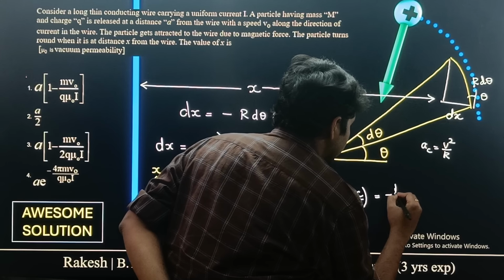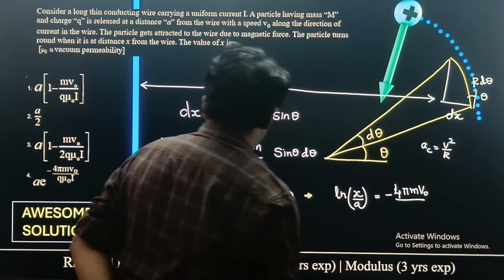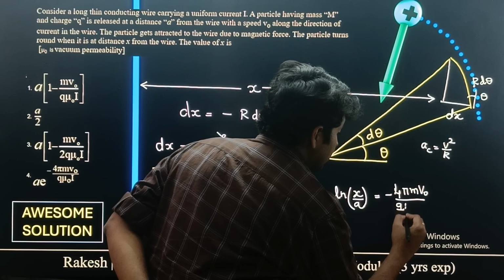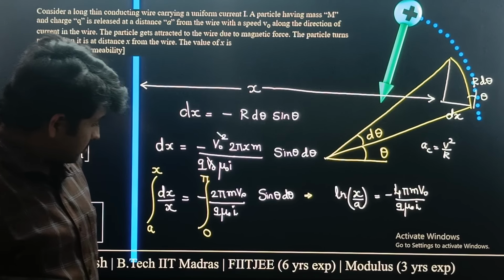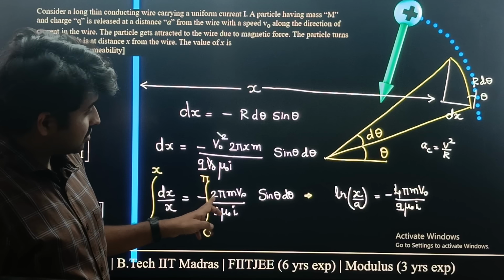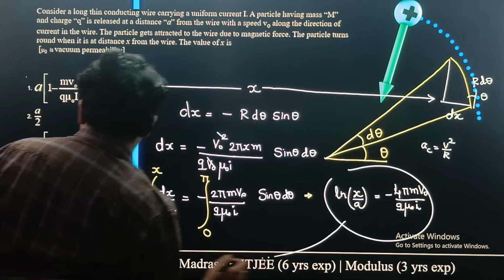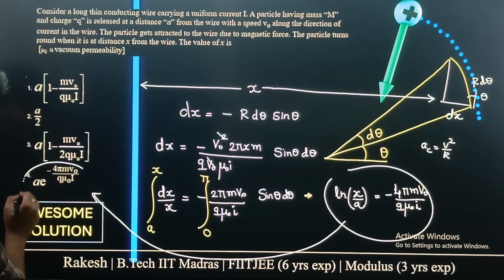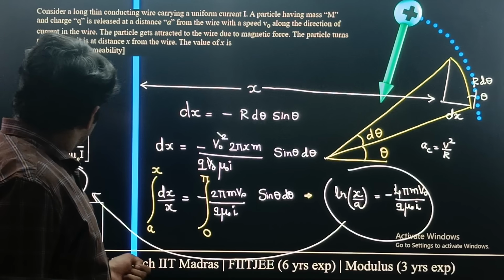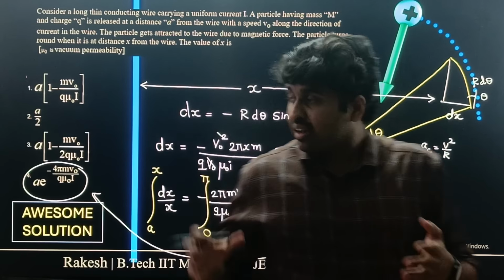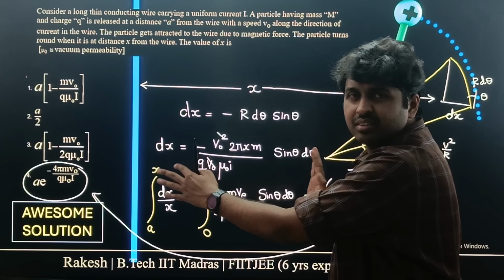It becomes 4 pi m v naught divided by q mu naught I. Okay, and that's it. Now just take e power directly from this. We get x equal to a e power minus 4 pi m v naught by q mu naught I. So you can see that in our solution, this was the main step. After this, it is nothing.